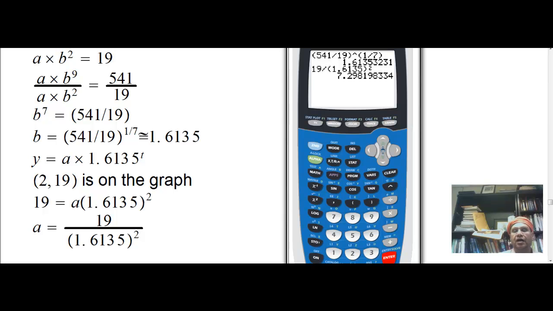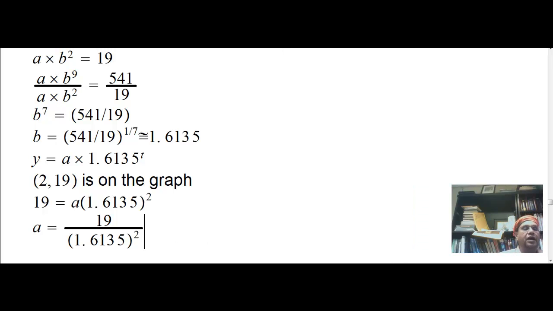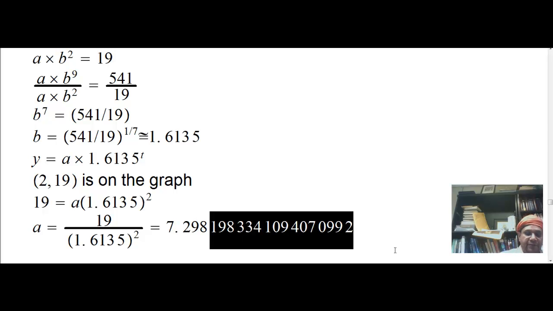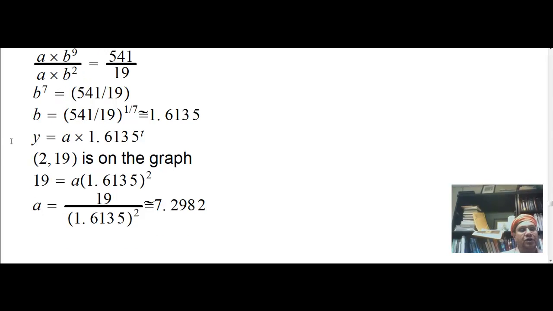What is it? 7.2982 approximately. Of course you can carry the whole calculation on without approximations, but at this time, since we're just beginning, we will keep it this way. So what's the equation they wanted? You just put this number down here. Are we good on this? Yes. That makes sense?